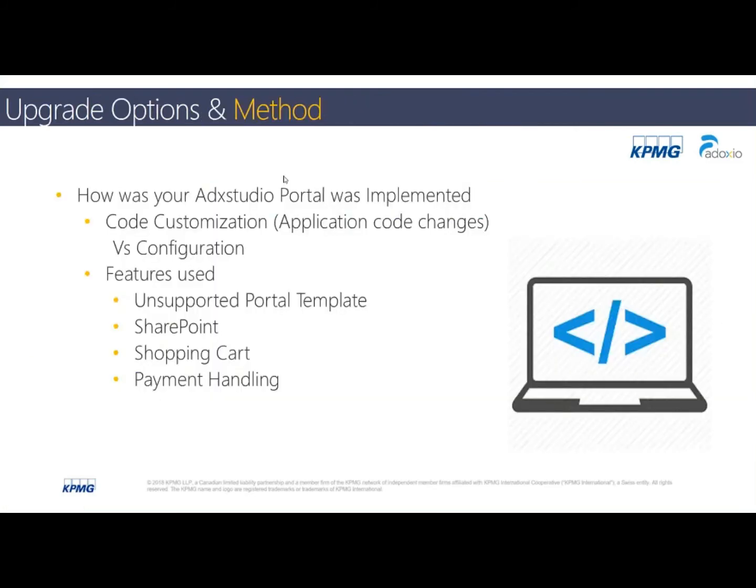Okay. Upgrade options and methods. So what are my options? How do I go about upgrading? The method or the option for you to upgrade is highly dependent on how you actually implemented it, right? If you implemented with a lot of code customization versus a configuration approach, you are likely looking into reimplementation, right?